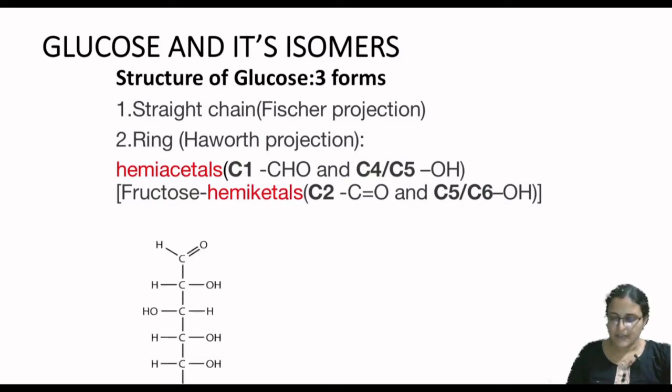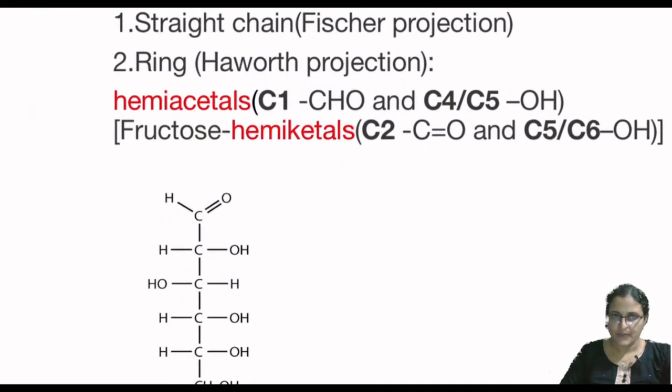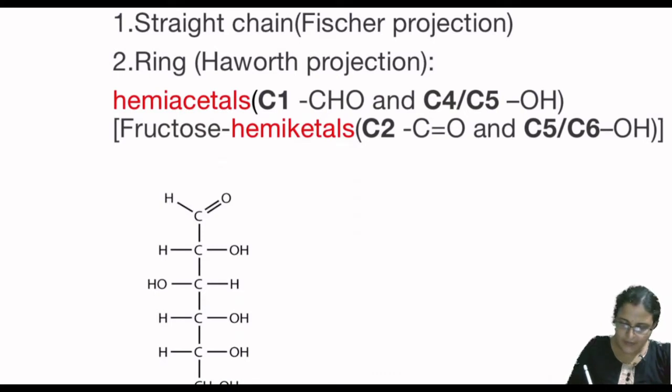See, this is the structure of glucose. This is C1, 2, 3, 4, 5 and the 6th carbon atom. In this aldehyde group, the oxygen is electronegative and this carbon is electropositive. Say I'm taking the fourth hydroxyl group.